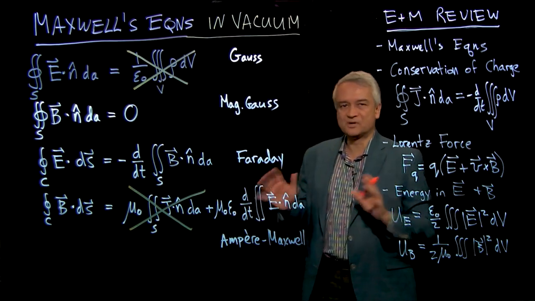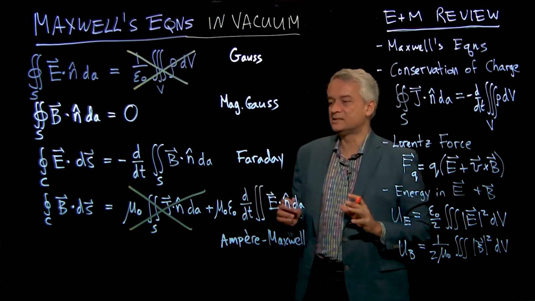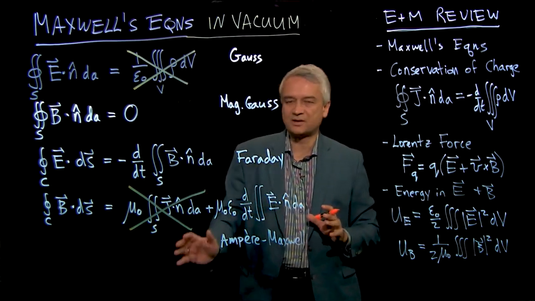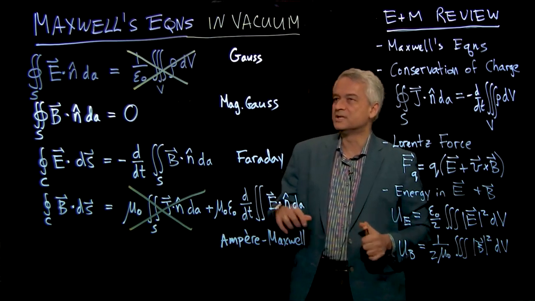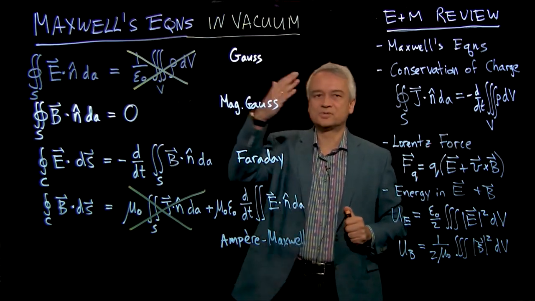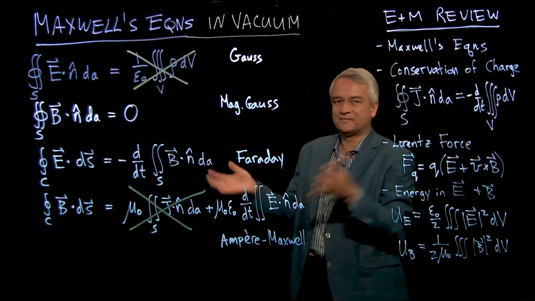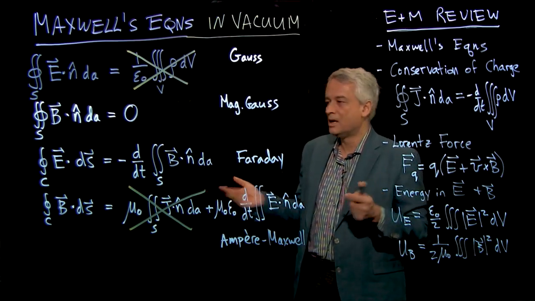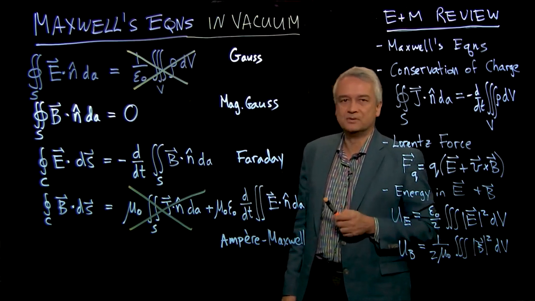The people who first discovered these equations were using them entirely to describe the physics of charges and currents. And now I'm saying, let's look at these equations in a case where there are no charges and no currents. So this is Maxwell's equations in vacuum. What kind of solutions do these equations have if there are no charges and no currents? Well, there's one obvious solution, and that's E equals B equals 0.